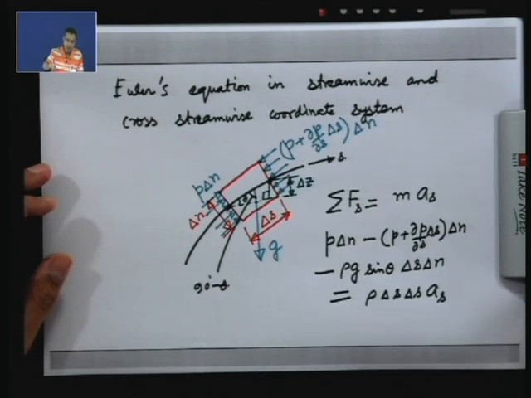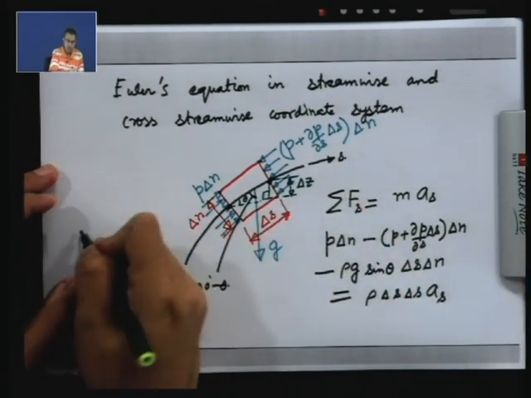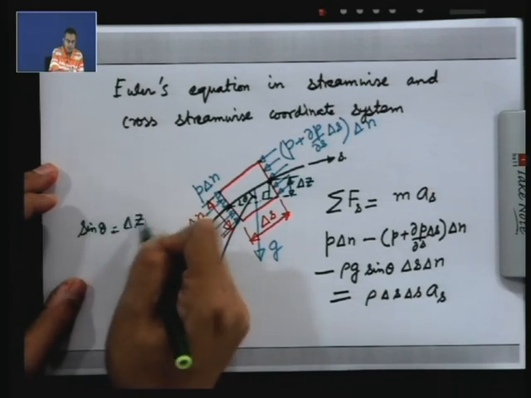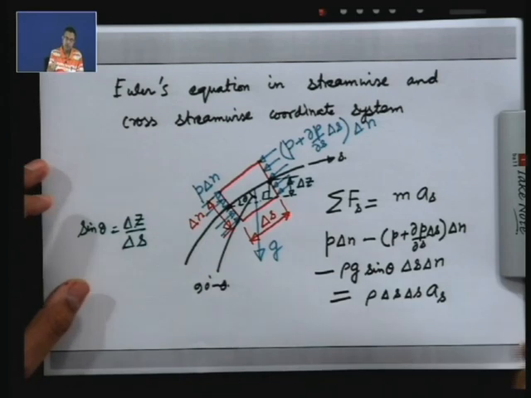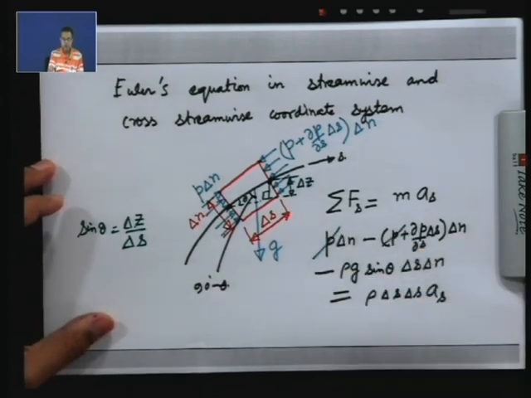Now, from the right angle triangle that we have drawn here, we can see that sin theta is equal to delta z by delta S. This is the first observation. The second observation is that this P gets cancelled.